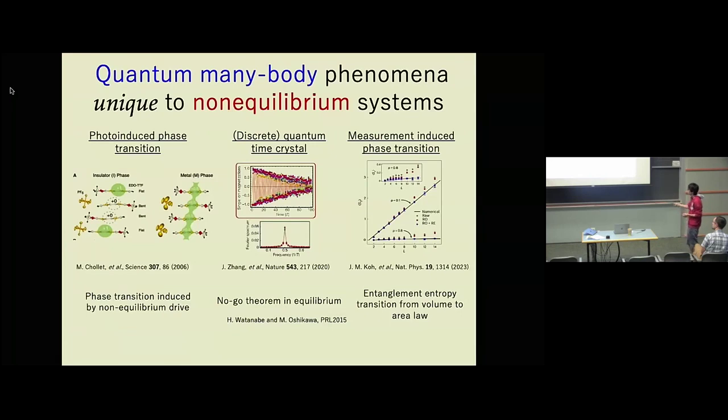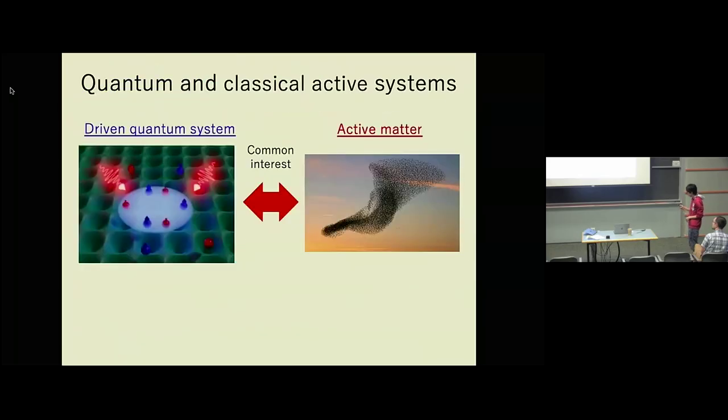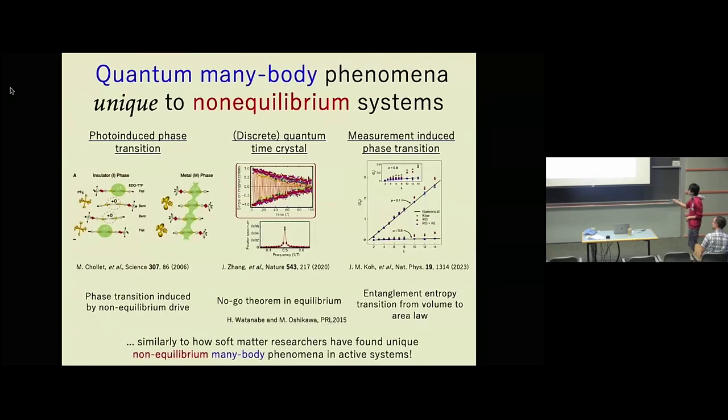Again, all of these are fascinating, especially because they are unique to non-equilibrium. And again, this is pretty much similar to how soft matter physicists have gotten interested in active matter systems, where you have shown and proven that there are non-equilibrium many-body systems that are unique to active systems.